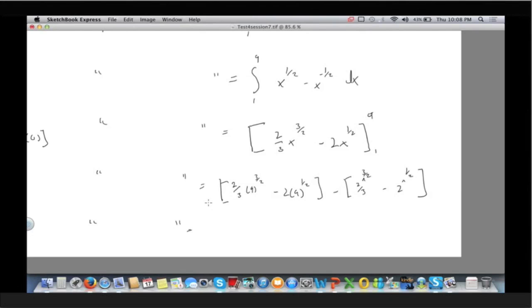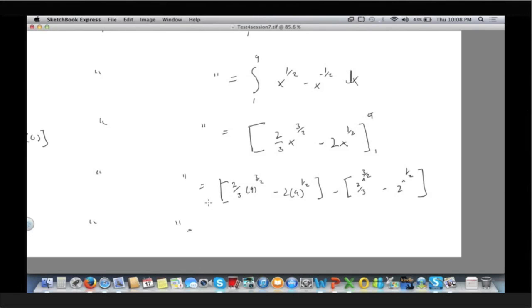So now 2/3 times 9. Oh, I need to put in parentheses. Okay, parentheses. 2 divided by 3 times 9 raised to 3/2. Put that in parentheses.